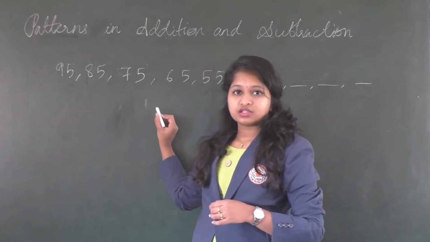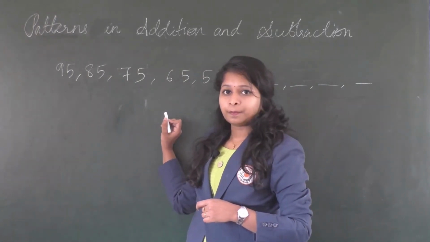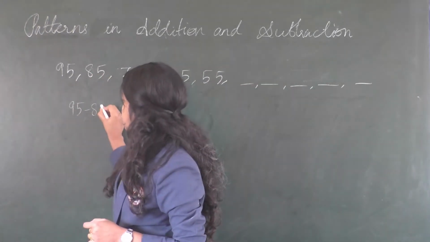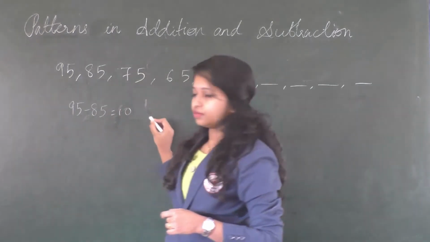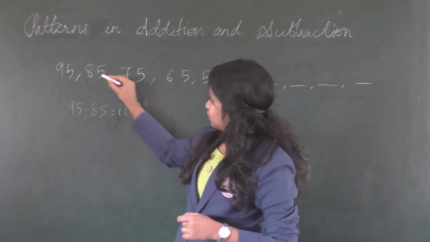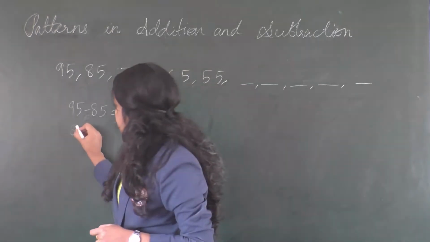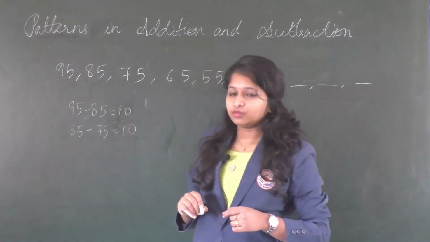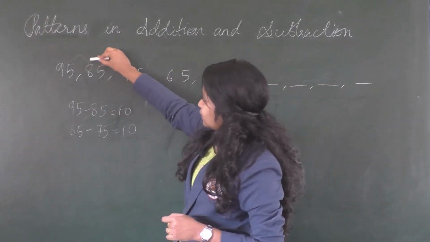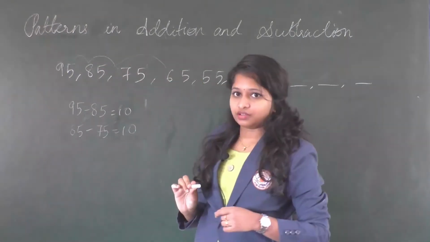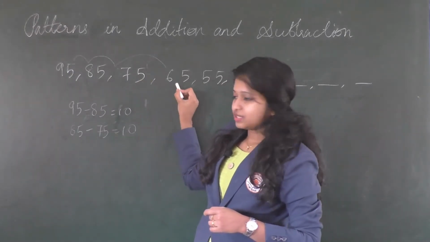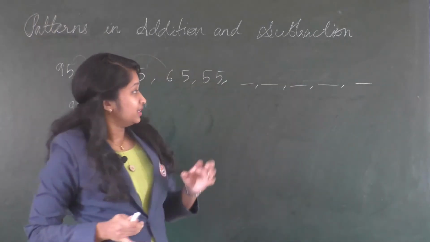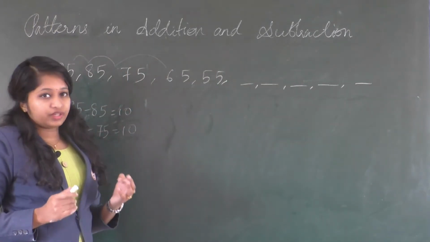So what pattern is followed here? 95 minus 85 is 10. 85 minus 75 is 10. That means there is a decrease of 10 everywhere. 75 minus 65 is 10, 65 minus 55 is 10. That means the pattern is decrease of 10.